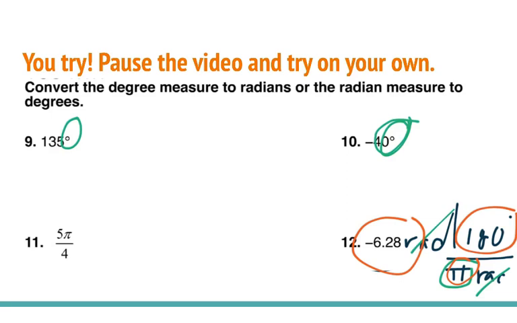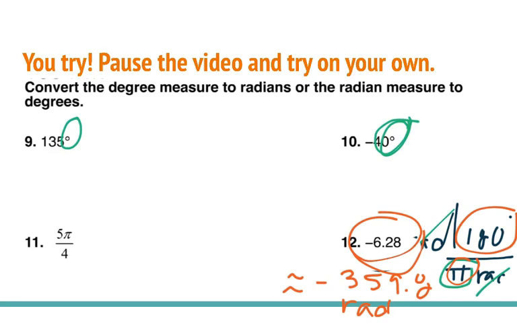So you should be getting about negative 359.8 degrees. And again, this is abnormal because normally we do have pi in our answer when we have radians. The only reason we didn't is because this problem started without pi to begin with.